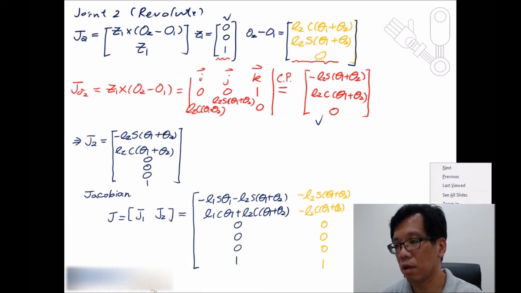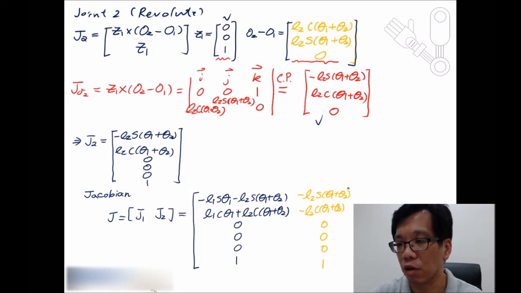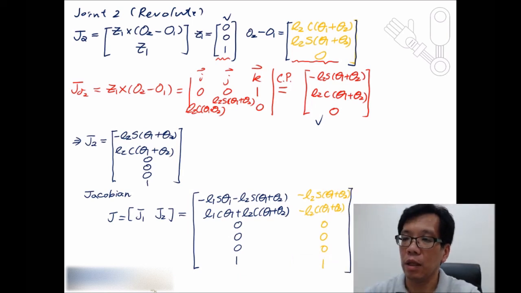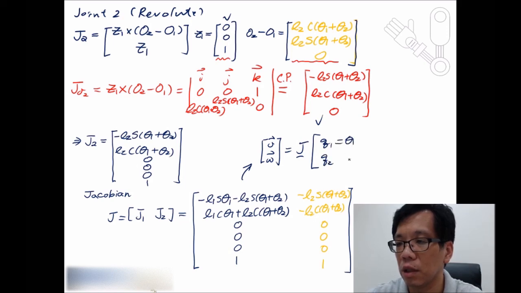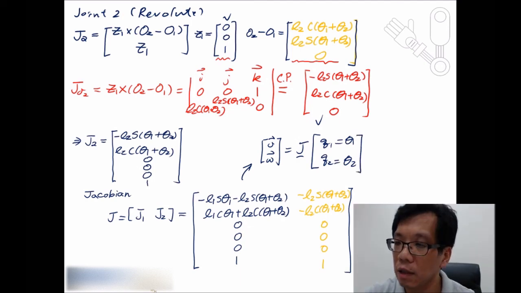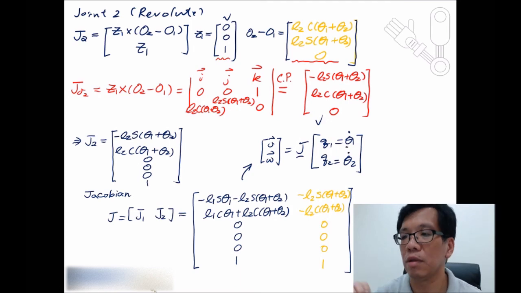So, with this information, we successfully come up with my Jacobian matrix. We can use this matrix multiplied by, in this case, Q1, Q2, or theta 1 dot, theta 2 dot, of course.